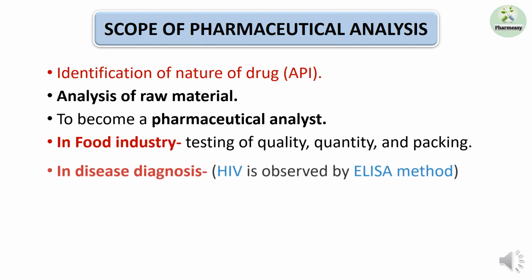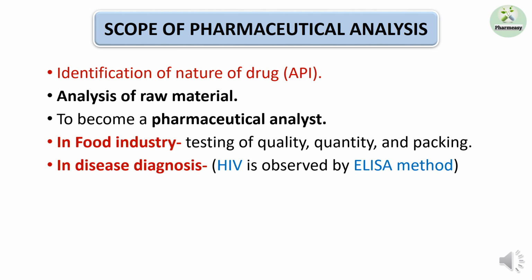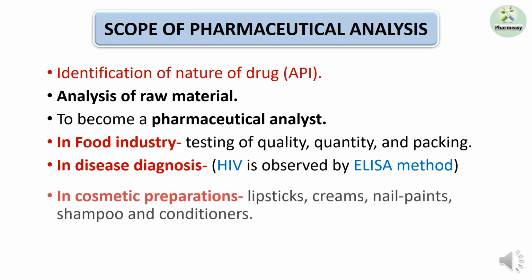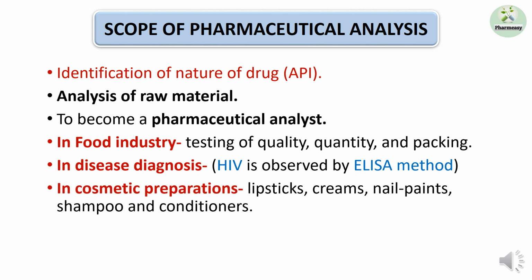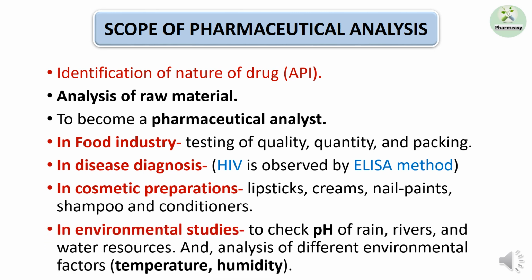Pharmaceutical analysis also helps in the diagnosis of any disease, such as HIV is detected by ELISA or enzyme-linked immunosorbent assay method. It also has scope in cosmetic preparations such as lipstick, creams, nail paints, shampoos and conditioners. In environmental studies, such as to check the pH of rain, rivers and water resources, and analysis of different environmental factors such as temperature and humidity.